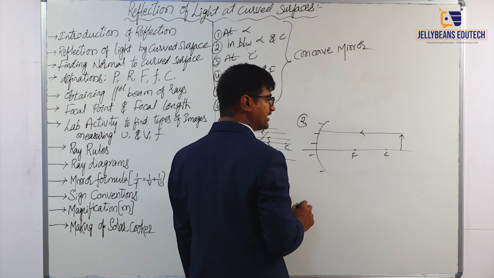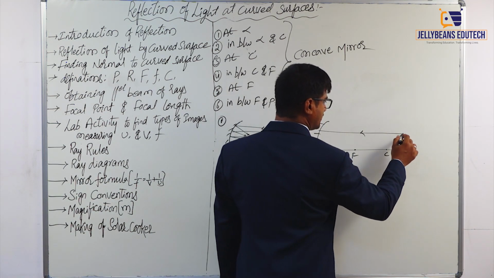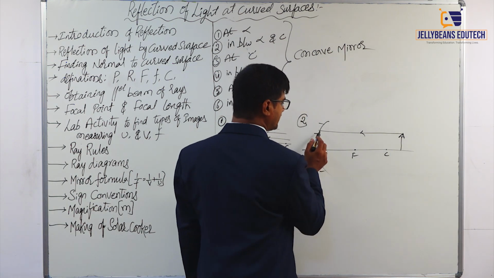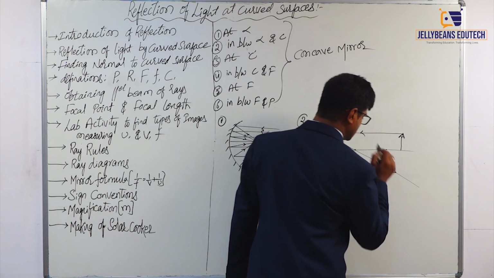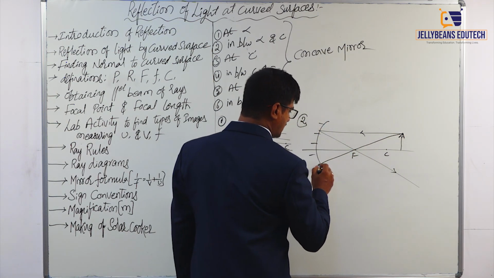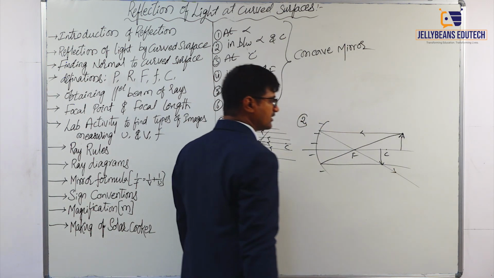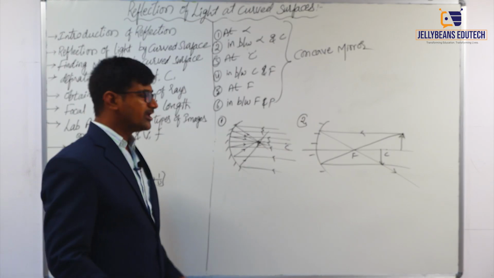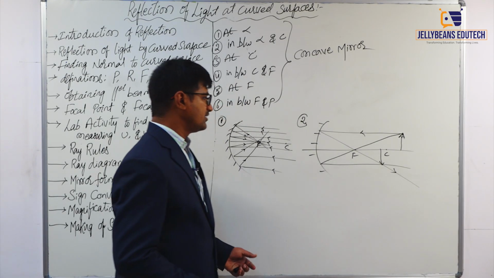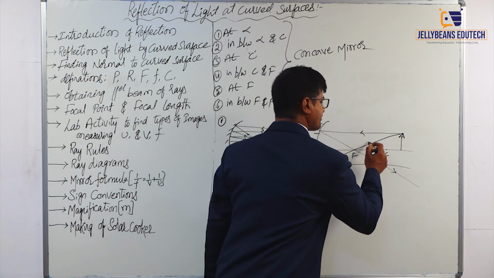The first light ray is parallel to the principal axis; after reflection it passes through the focus. The light ray passing through the focus, after reflection, is parallel to the principal axis, like this. Here in this condition we are considering 2 light rays, and those 2 light rays are obeying 2 different ray rules.